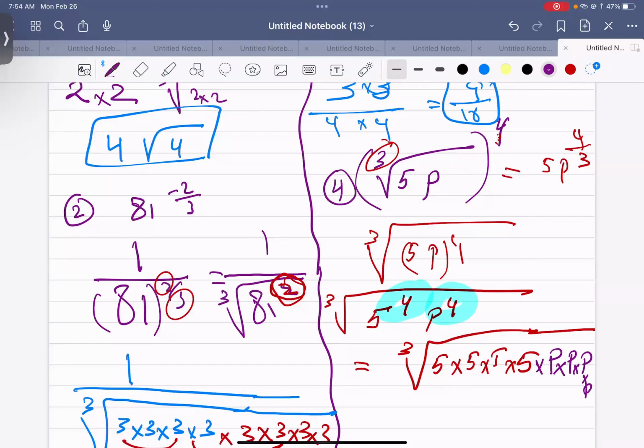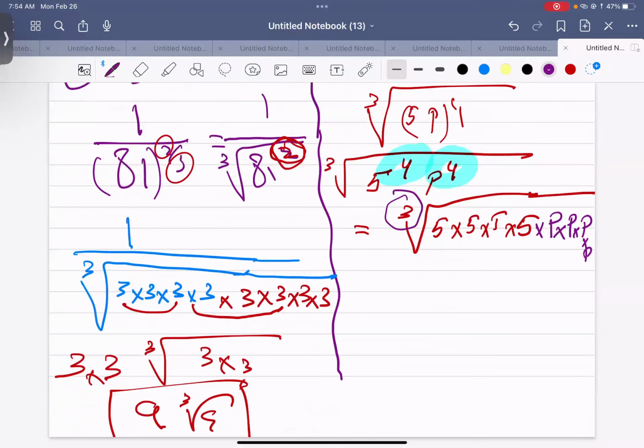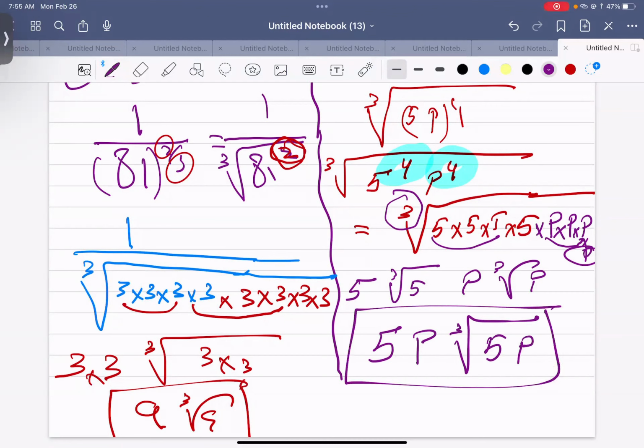So for every 3, because it's a cube root, I'll take one out. So 5 goes out, and one stays inside. So 5 cube root of 5. And 3 p's, p goes out, and the leftover p stays inside. My final answer is 5p cube root of 5p.